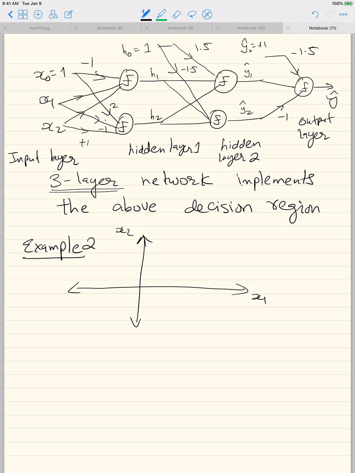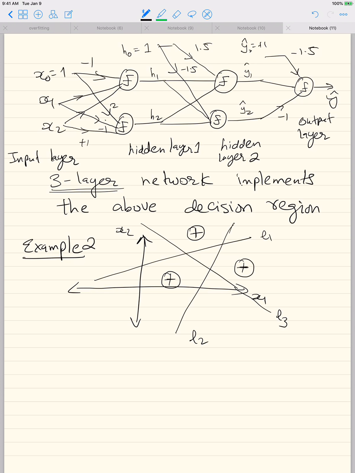We have one line, L1, like this. We have a second line, L2, that looks like this. And a third line, L3, that looks like this. We want the labels to be plus here, plus here, plus here, and minus everywhere else.